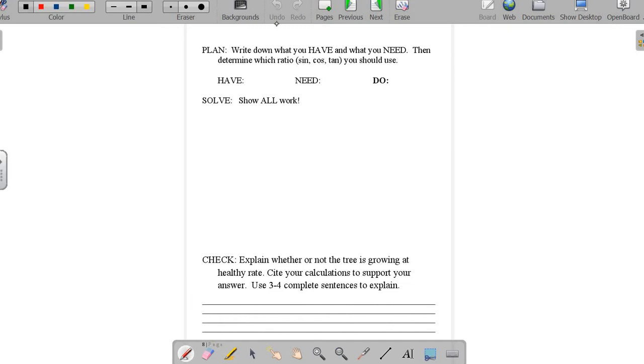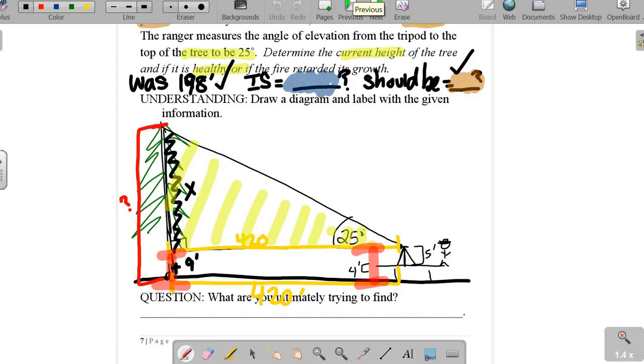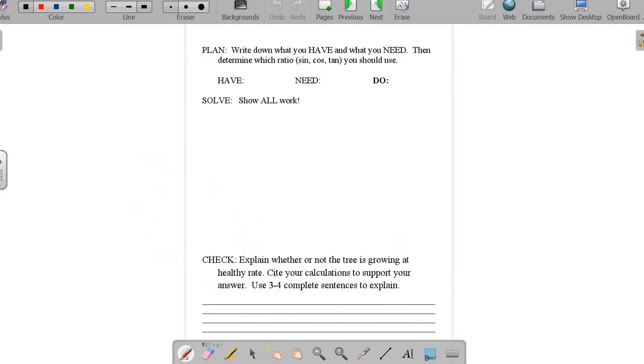At some point, you're going to do have, need, do. And we have the adjacent. And that black X, of course, is the opposite. And you're going to work have, need, do to find the current height. Then over here, you're finding the should be height, realizing it's been 10 years and it's 8 inches per year.